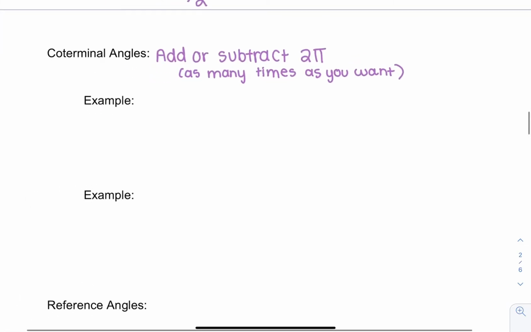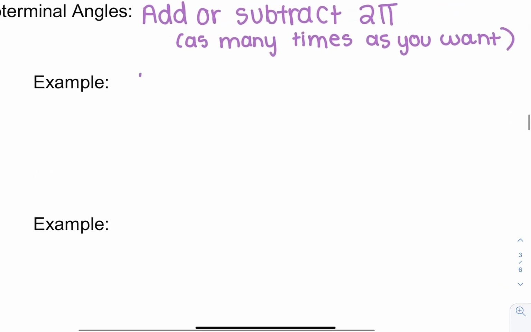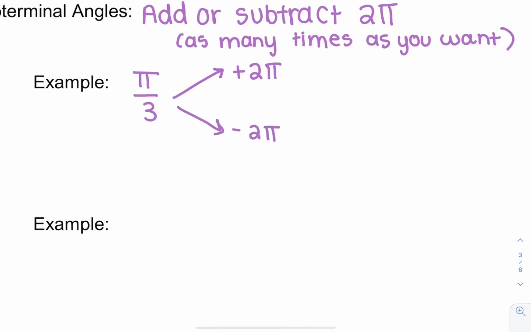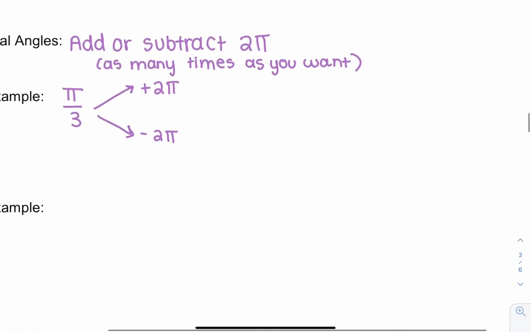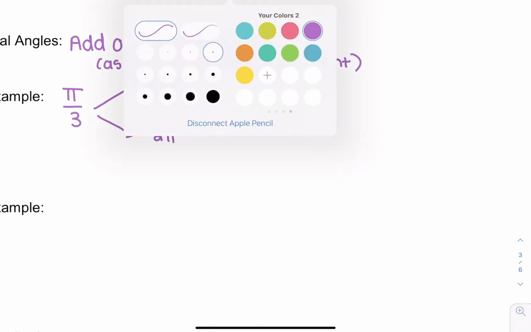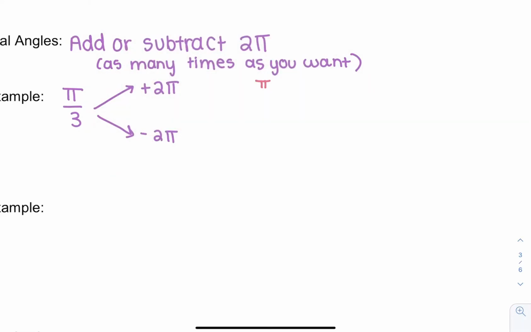So, say we have pi over 3. Well, I can add 2 pi, or I can subtract 2 pi and I'll find another coterminal angle. However, if I have pi over 3 and I'm trying to add 2 pi, that's kind of hard because I have a fraction and I don't have a common denominator.